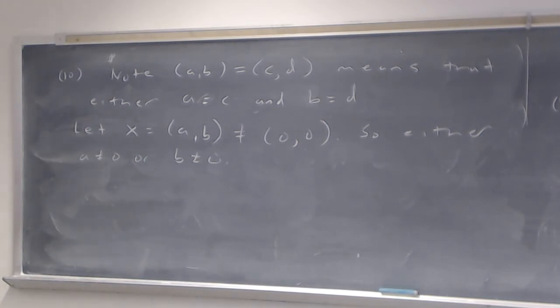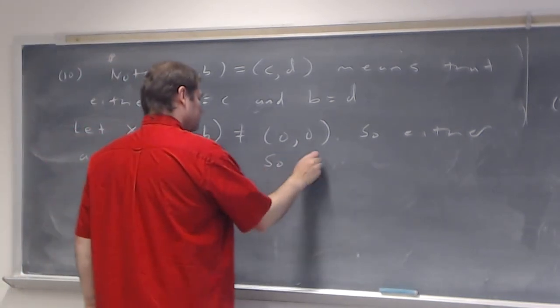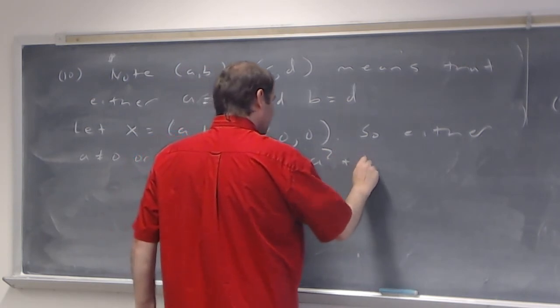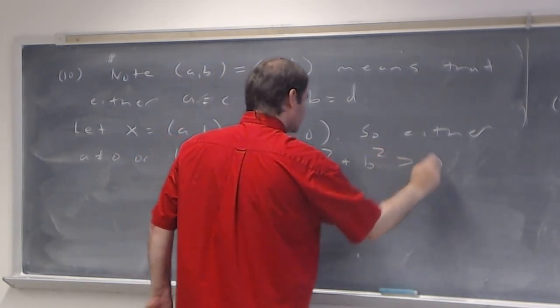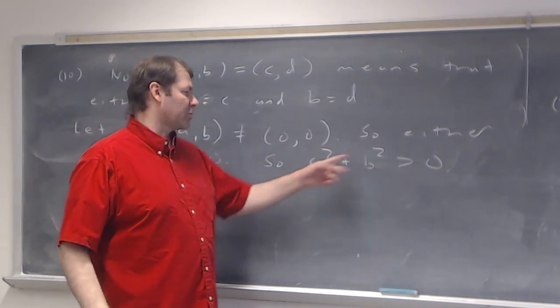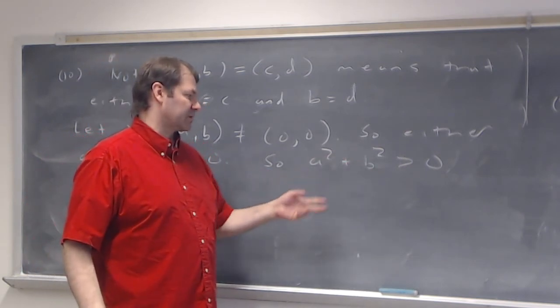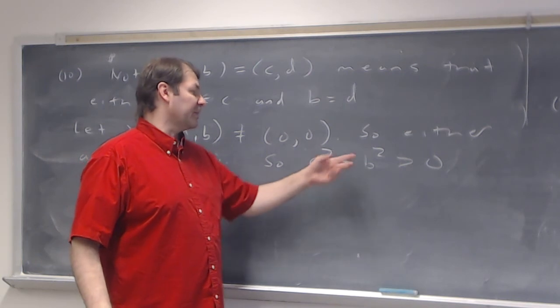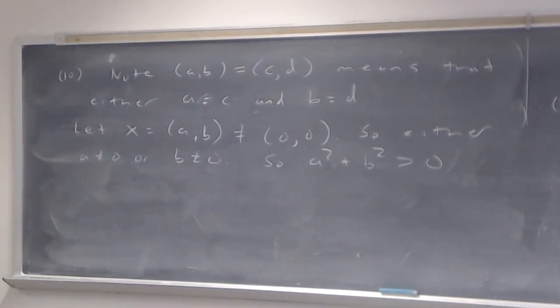So that means that A squared plus B squared has to be greater than 0. For at least one of these is non-zero. If you square it, you get something that's positive in terms of the real number system, which is something proved. And it could be that both of them are positive, and you add them together and you get something greater than 0.